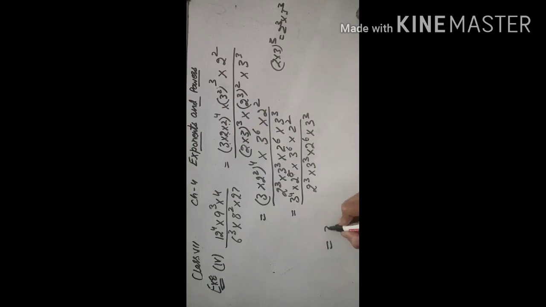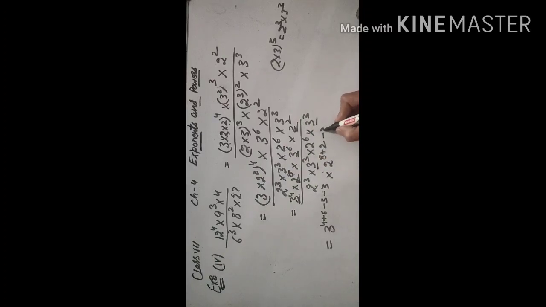Now, 3 to the power 4 and 3 to the power 6, these add. Now 3 to the power 3 and 3 to the power 3 in the denominator, these subtract. So for the powers of 3, 4 plus 6 minus 6 is 10, and for the powers of 2, 8 plus 2, these two add, and these two subtract from it.